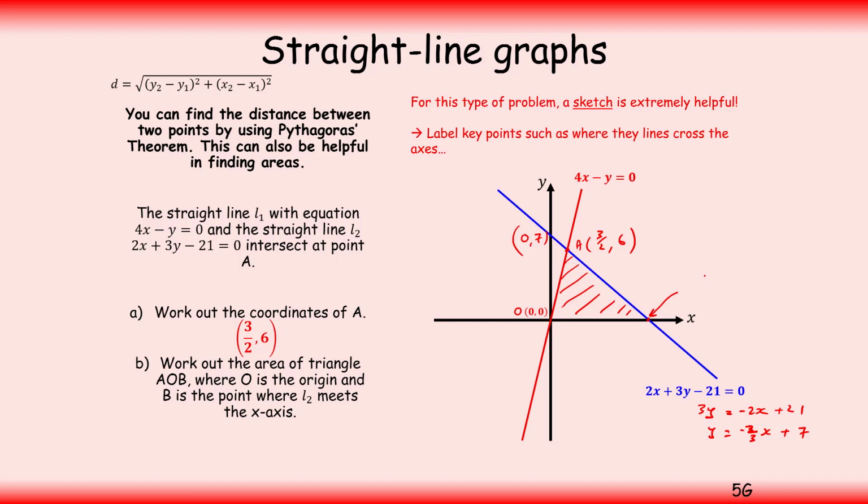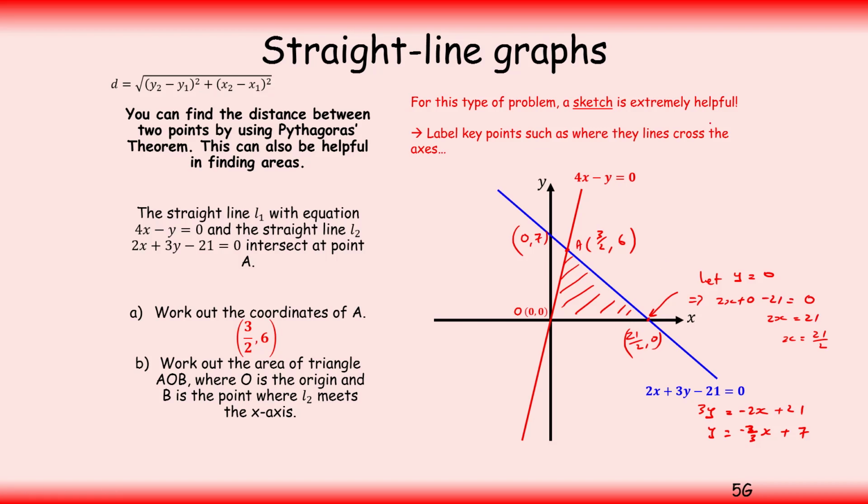So if I say let y equal 0, that implies then that we've got 2x plus 0 minus 21 equals 0. So 2x is going to be equal to 21 and x is going to be equal to 21 over 2. So the coordinates here are going to be 21 over 2 and 0.